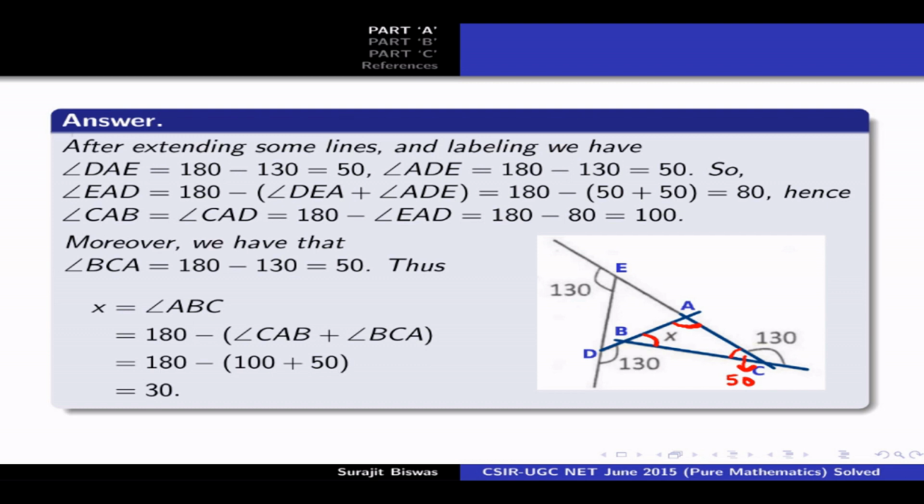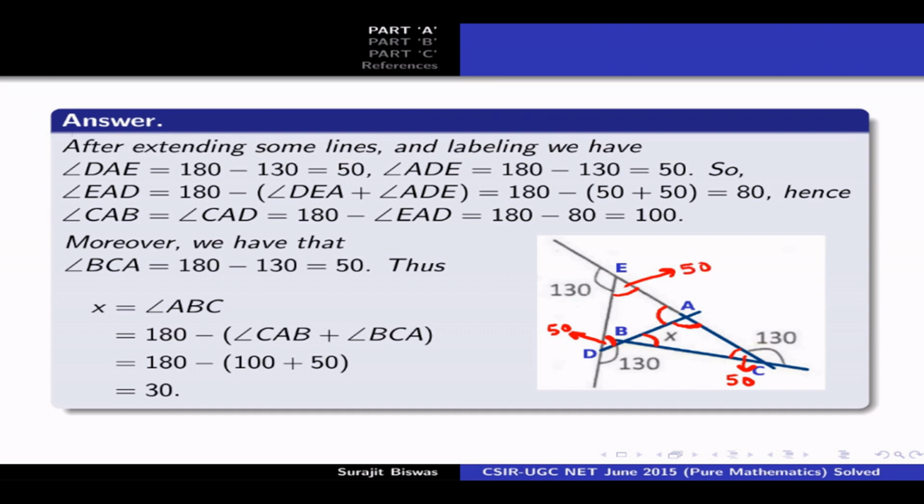Now how much is this angle BAC? To get this angle it is enough to find the angle EAD. So now we concentrate on the triangle EDA. Here this angle is 180 minus 130, so this angle is 50. This angle is also 180 minus 130, so this angle is also 50.